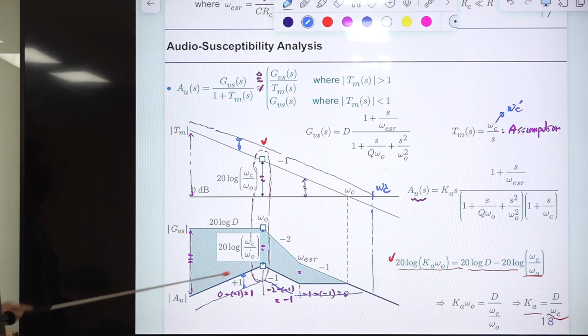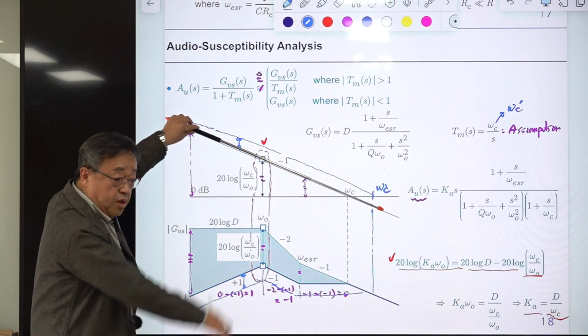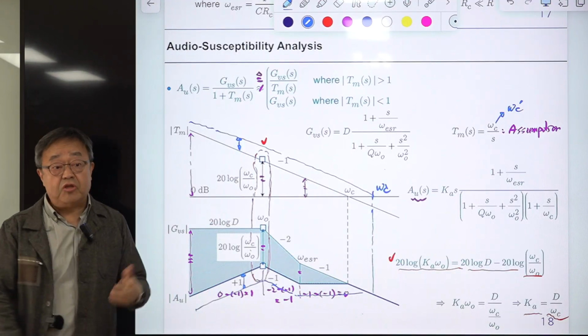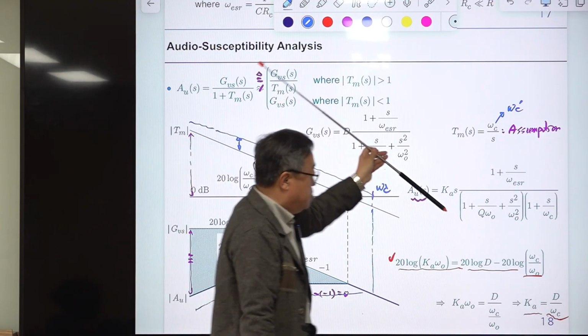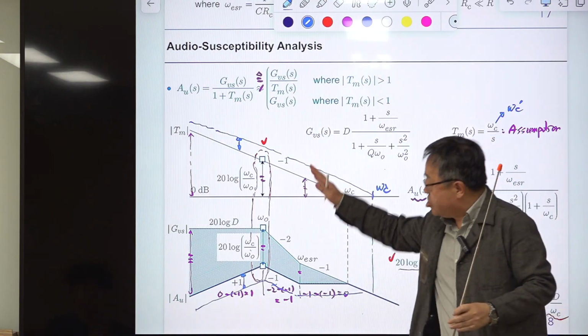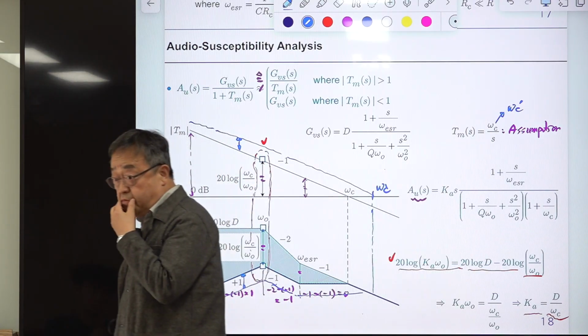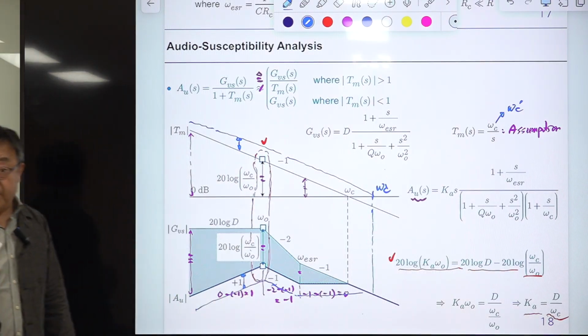Okay, so if you increase this omega C, the integrator gain, you have better performance. Okay, then the natural question here is, then you can further improve this to make these things smaller. Okay, that is not possible because this characteristic of loop gain is an ideal one.